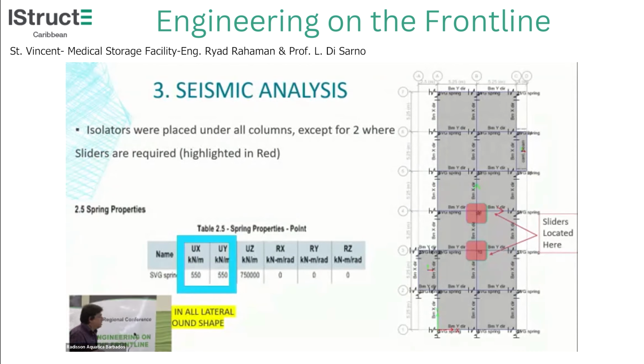Right, so let's get into the modeling gymnastics. I am the puppet engineer under Professor Luigi, who knows everything. So I'll just explain what he told me to do. Where you see these springs there, he told me to put the isolators, and the red spaces there are friction sliders.